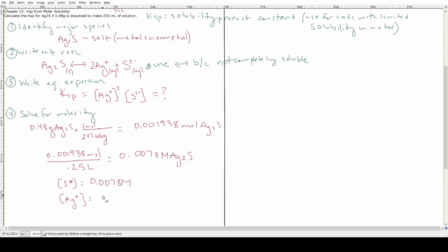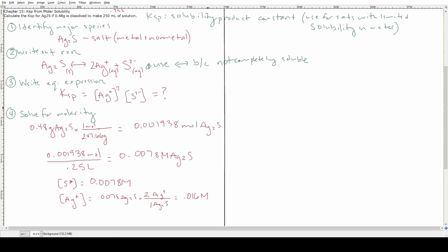Okay, so for my silver, it's 0.0078 Ag2S, and I know that there are 1 of these for every 2 of these. So I end up with 0.0078 times 2, which gives me 0.0156. That's too many sig figs. 0.016 molarity of my silver.